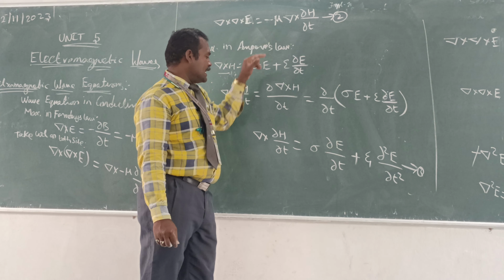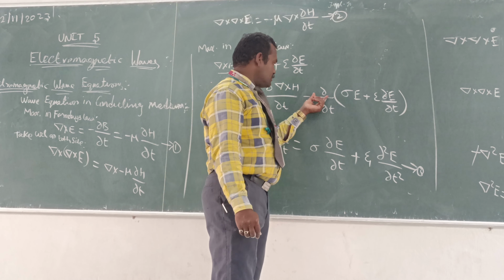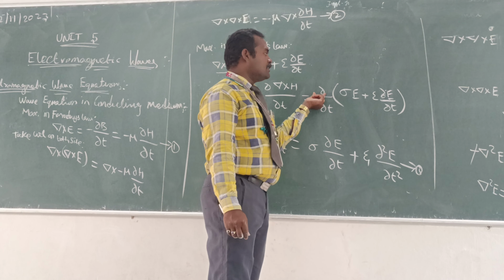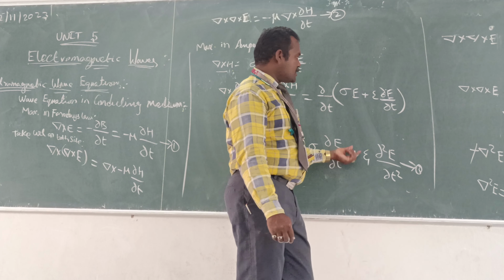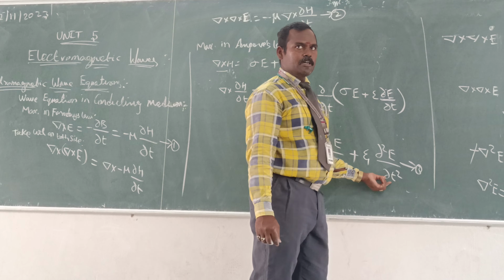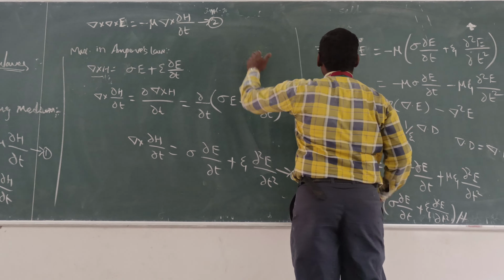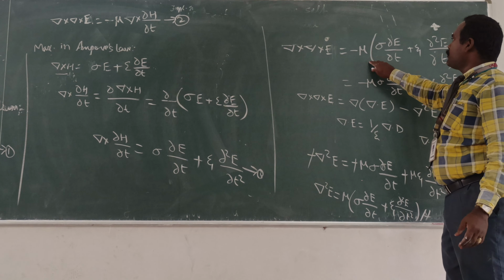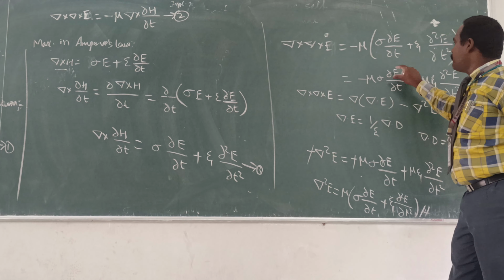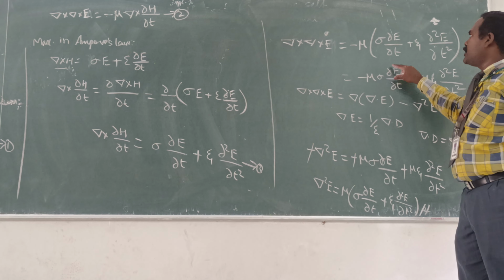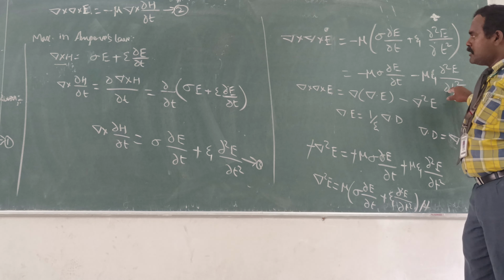Differentiating both terms, we get sigma into dou E by dou T plus epsilon into dou square E by dou T square. Now substitute equation 3 into equation 2. The equation becomes minus mu into sigma dou E by dou T minus mu into epsilon into dou square E by dou T square.